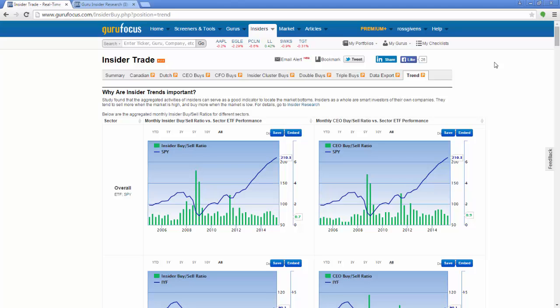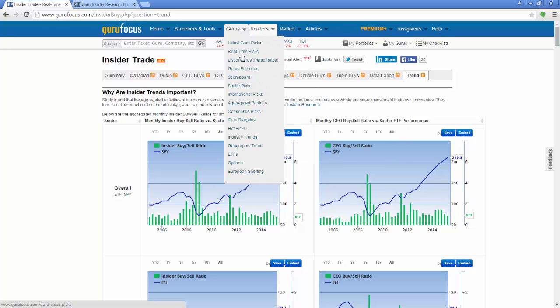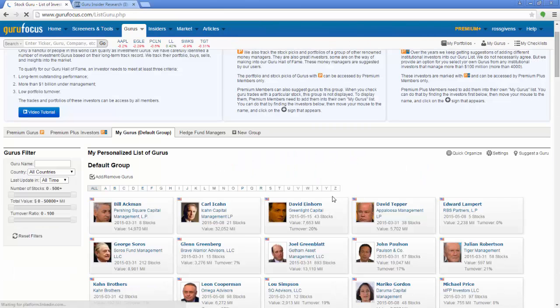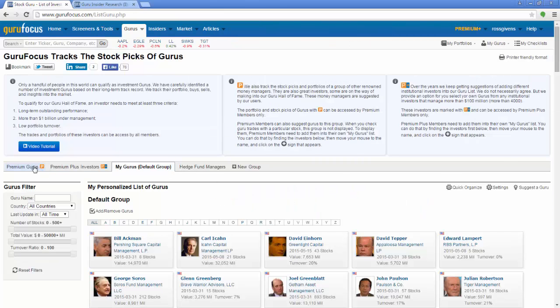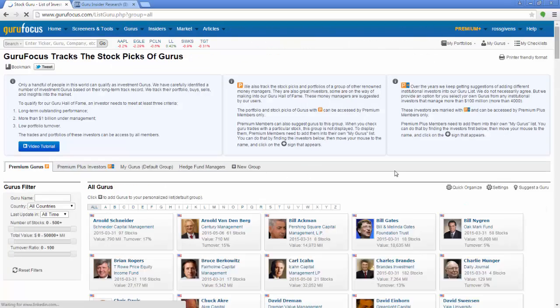Okay, Premium Plus, the difference is for you guys that are really data intensive and want to get the whole market. Premium Plus tracks every single institutional fund that manages $100 million or more, and there are tons of them. If you want to look at how many there are, here are the premium gurus.